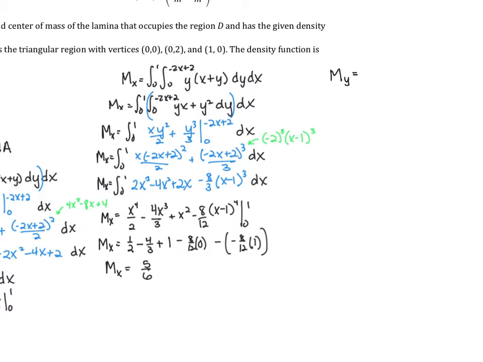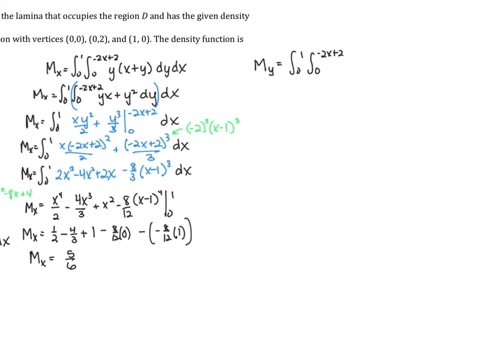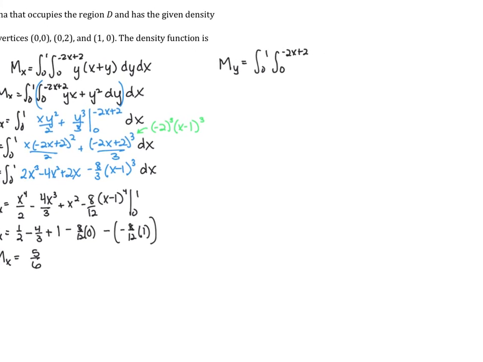It would be from 0 to 1, 0 to negative 2x plus 2. That's not changing. This time I'm going to multiply x times x plus y, that row function, still dy dx. So simplifying, we get x squared plus xy dy dx.